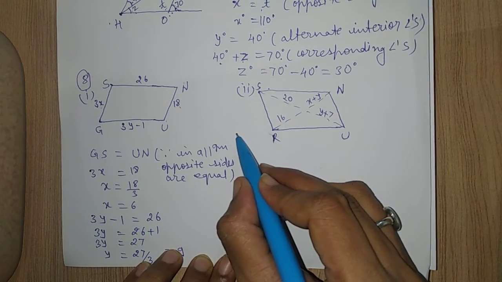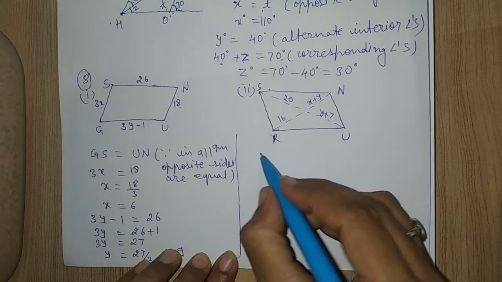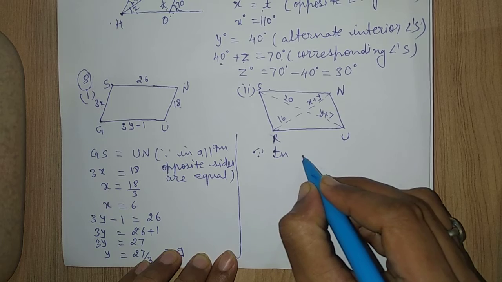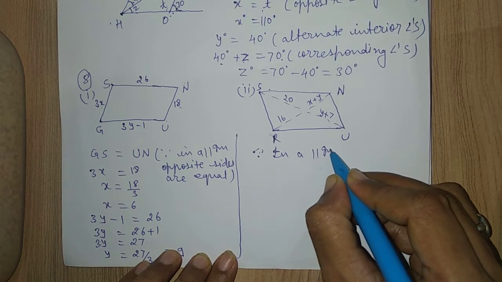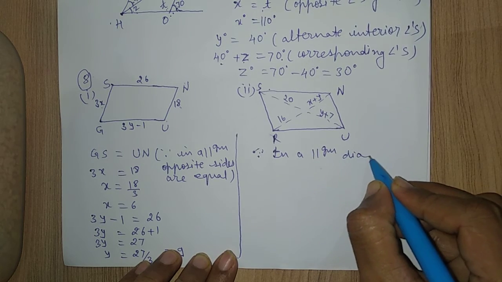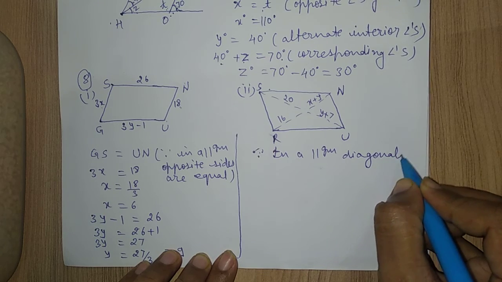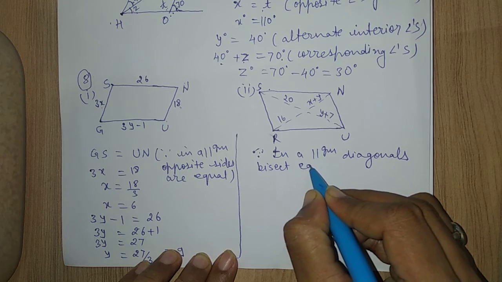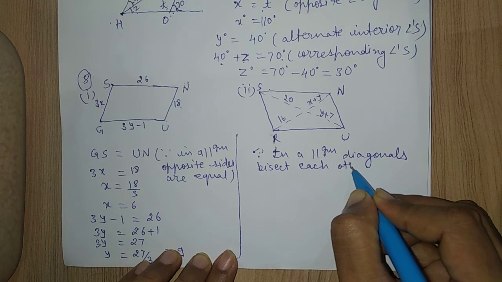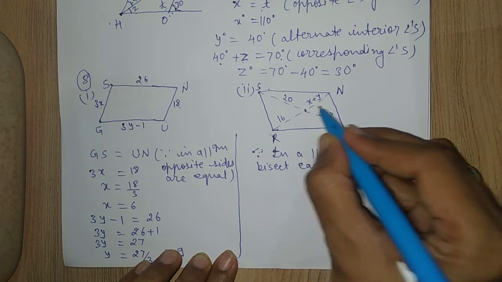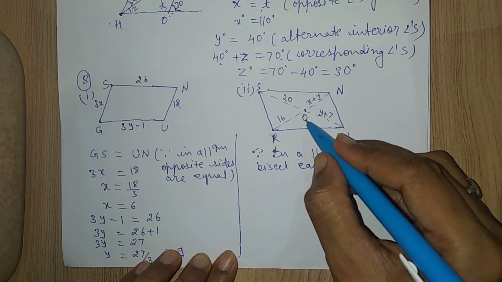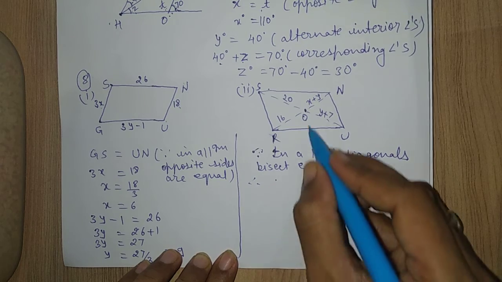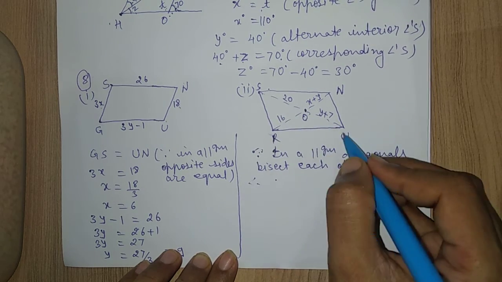In second part, since in a parallelogram diagonals bisect each other, therefore we can consider their point of intersection as O. Therefore OS is equal to OU.